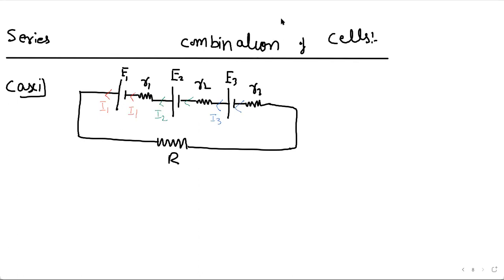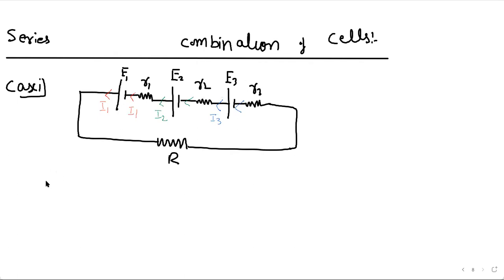Mariam, just decide whether the direction of current due to all the cells is same or different. Noor, what do you think? It's same. See, the direction of current due to all the cells is same.